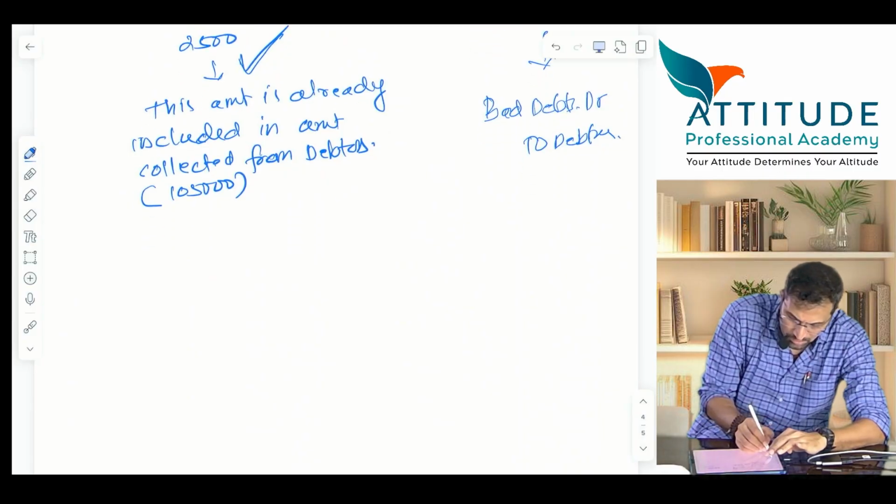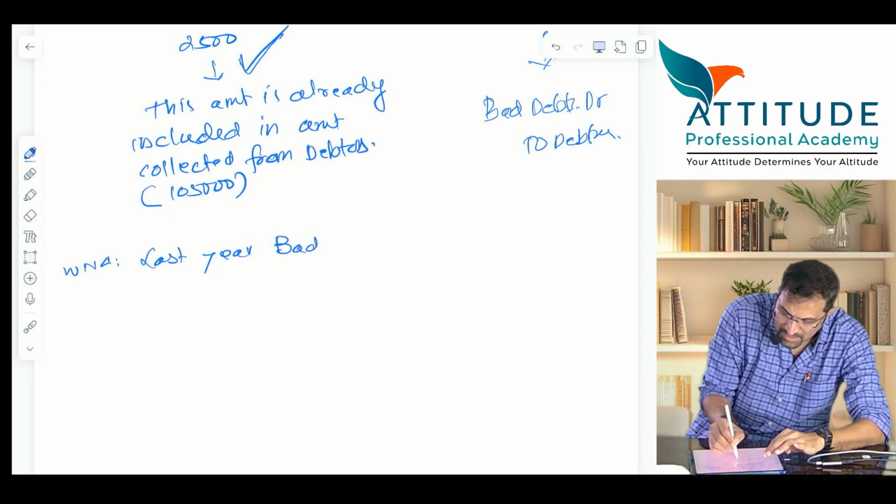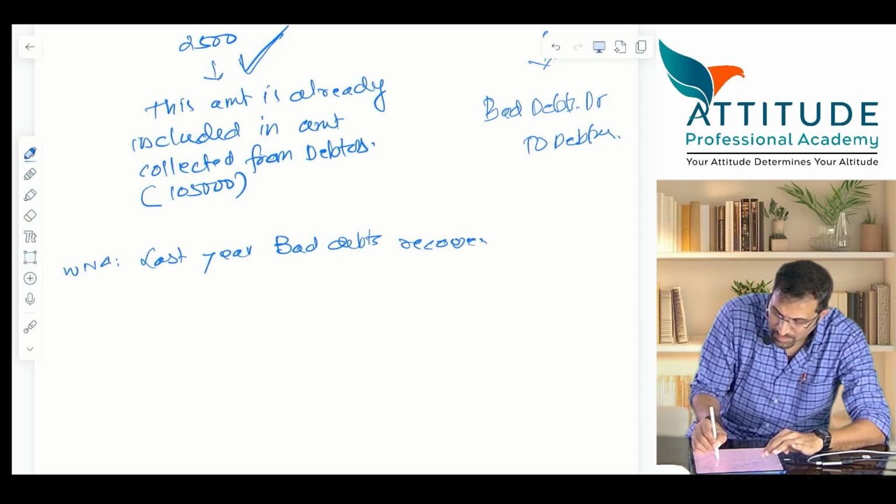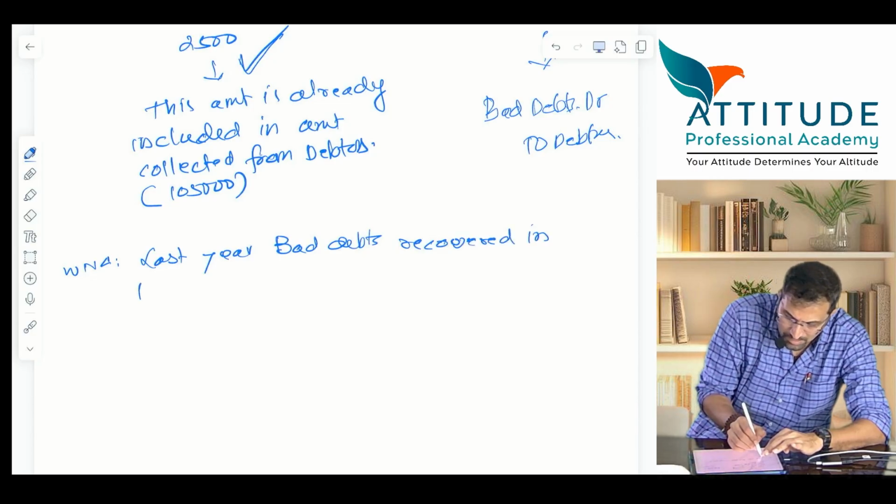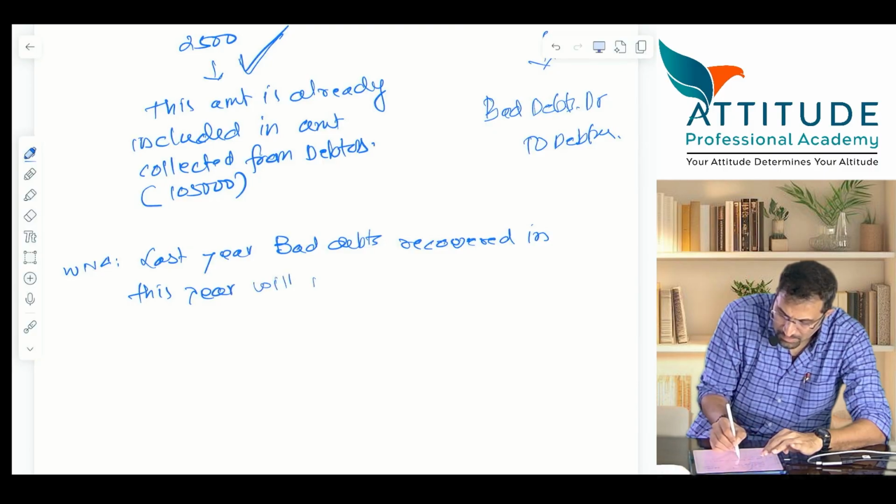Working note number 4. Last year bad debts recovered in this year will not affect debtors account.